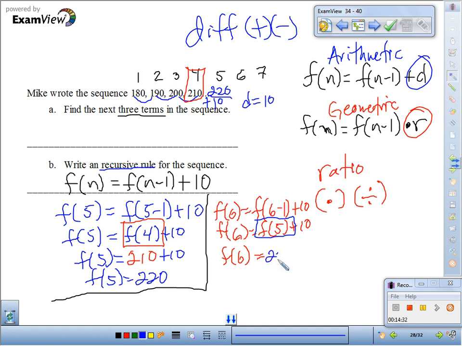So that goes right here. 220 plus 10. So f of 6 equals 230. And that goes right there. And what is the last one that we need to find? 7. So therefore, I'm going to let you do that computation by yourself so you can get some practice.